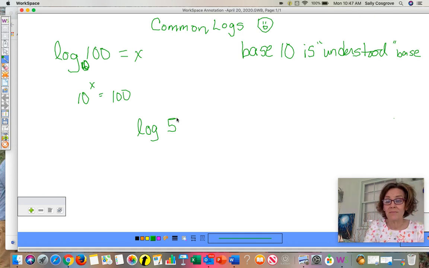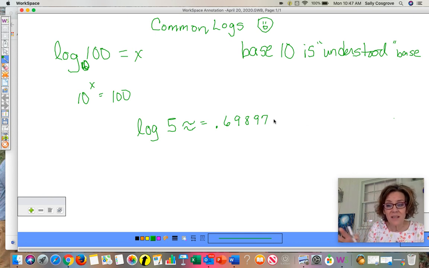So mine says 0.69897000043, but I'm going to do the little wavy approximate, and it's going to be 0.69897, right? And then, of course, that's rounded.